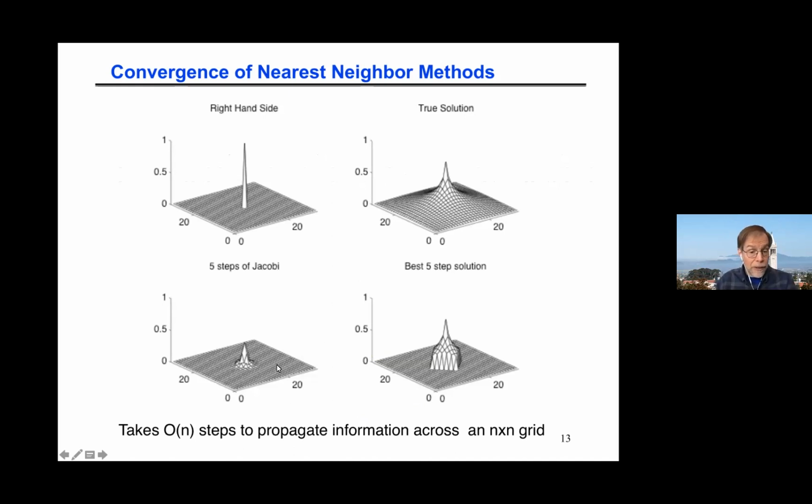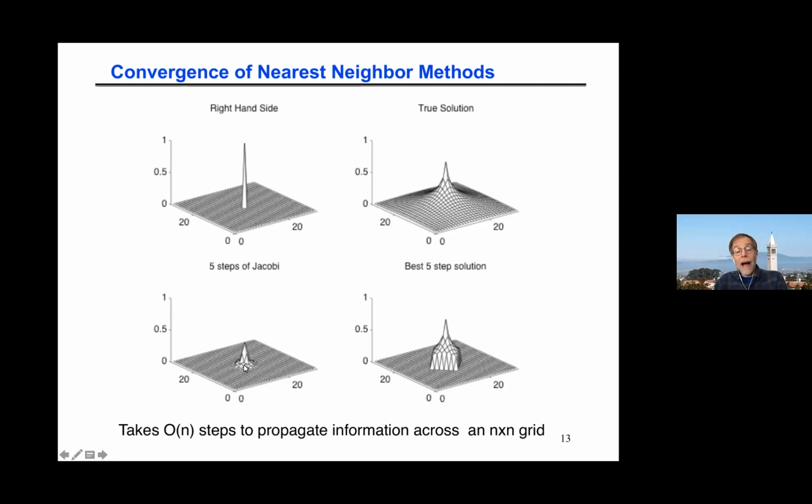If all my 4 nearest neighbors are also 0, I'm going to stay 0. So that is why after 5 steps, the solution is 0 just about everywhere unless you're within a distance 5 from the origin. When you average with your nearest neighbor, information can only move 1 mesh point at a time. And so you're guaranteed to be 0 everywhere when you're 5 away.